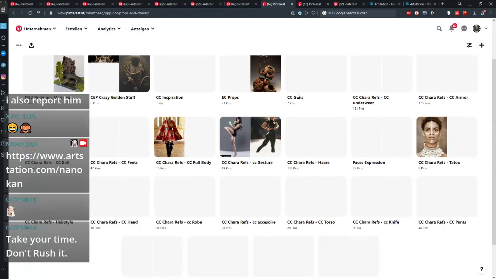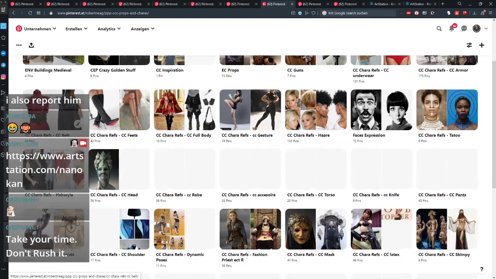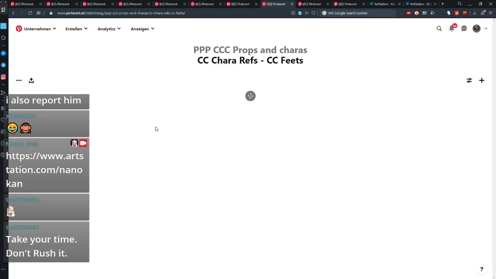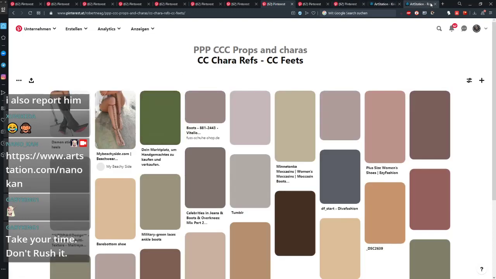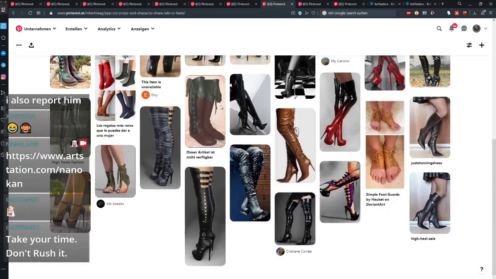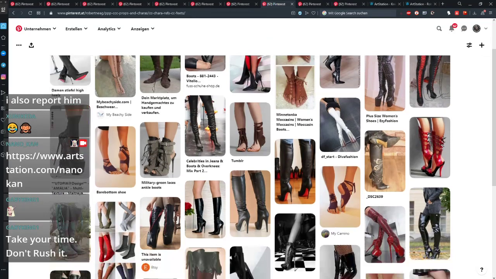In case I want to study characters, you see gestures, different kinds of belts, boots, much more boots. This type of thing is really amazing.